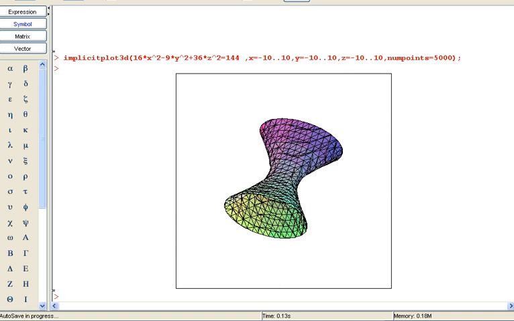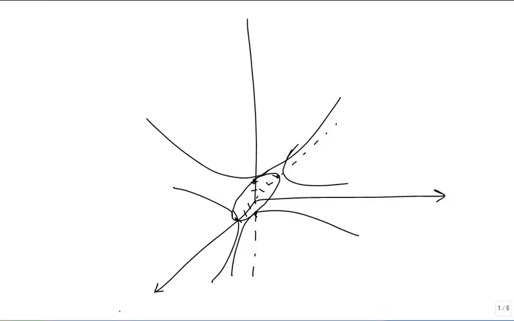And I know that looks nothing like my picture, but you can kind of see from the traces what you're going to get. And this is going to be a hyperboloid of one sheet.